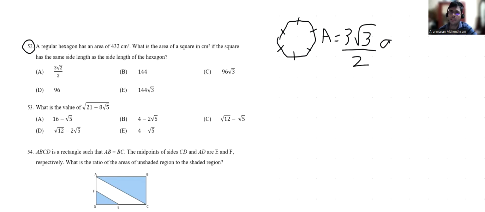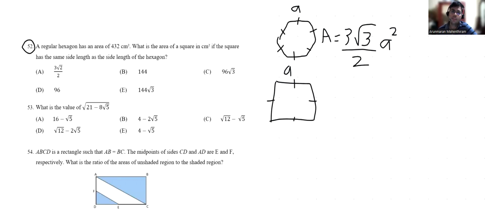When the side length is a, the area of this regular hexagon is given by 3 root 3 by 2 a square. The question is, what is the area of a square in centimeter square if the square has the same side? So I take the side length of the hexagon as a. So according to the question, the length of the square is also the same side length a.